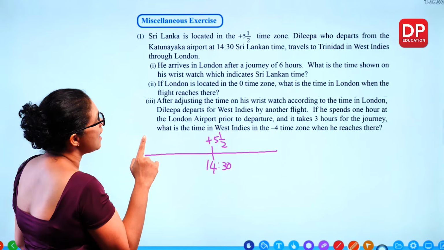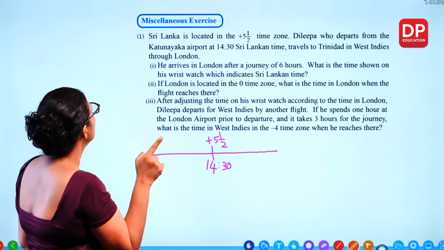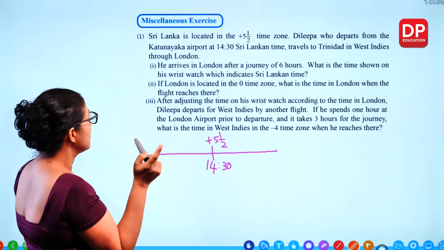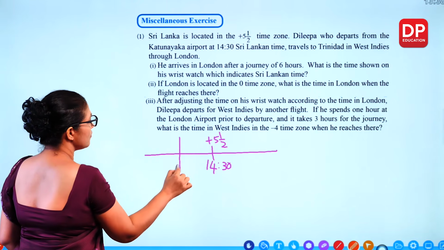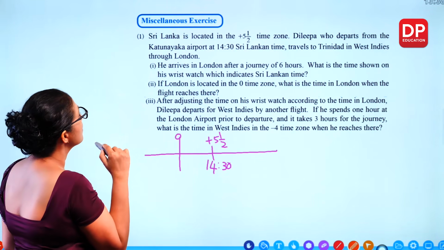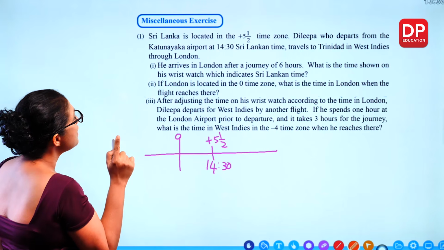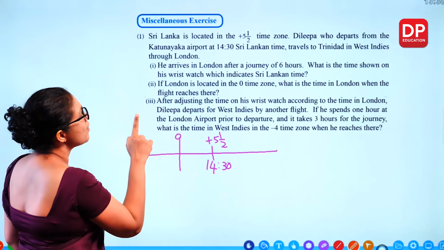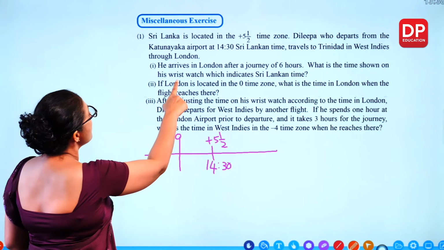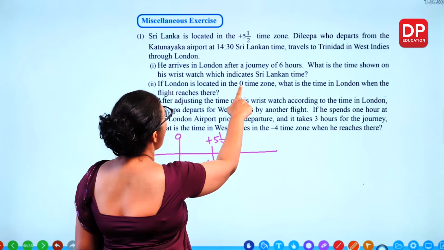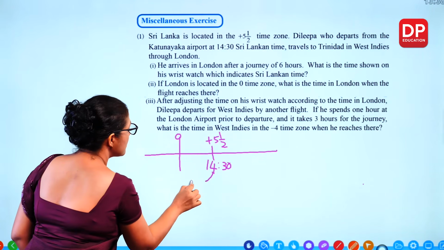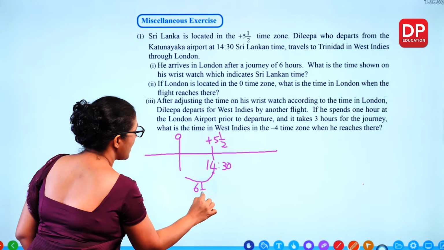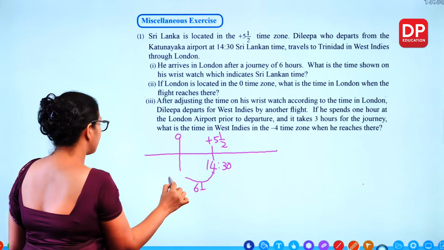He travels to Trinidad in West Indies through London. So London means 0. Then Trinidad. We have to read the question. He arrives in London after a journey of 6 hours. So 6 hours for the flight time.